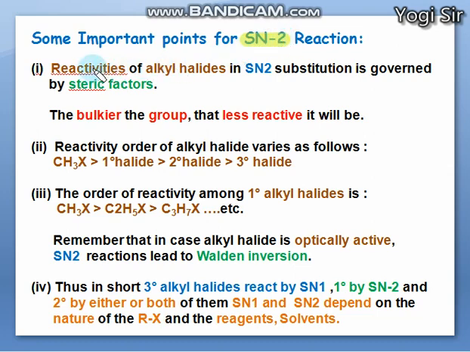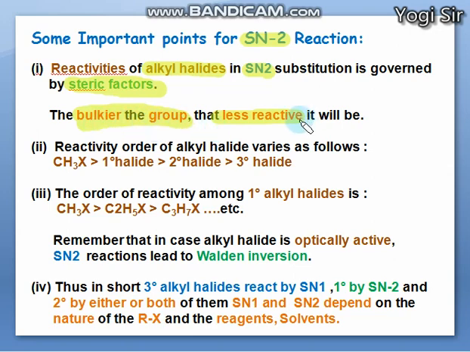First point is the reactivity of SN2 reaction with alkyl halides is governed by steric factors, what we have seen right now. The bulkier the group, the larger the functional group, the less reactive it would be with SN2 mechanism, right? If there is a larger functional group, it increases the hindrance for binding the nucleophile with the carbon atom. So the rate of reaction would be slower with bulkier groups.